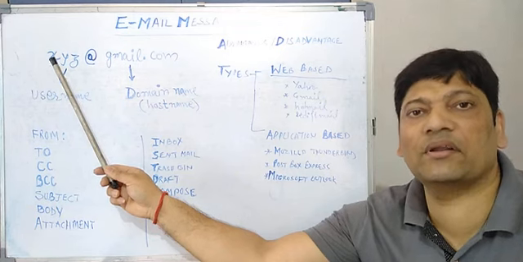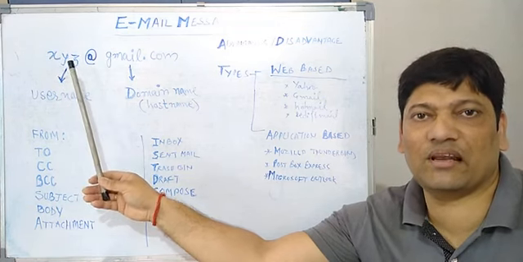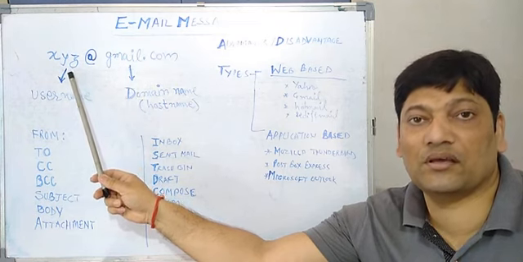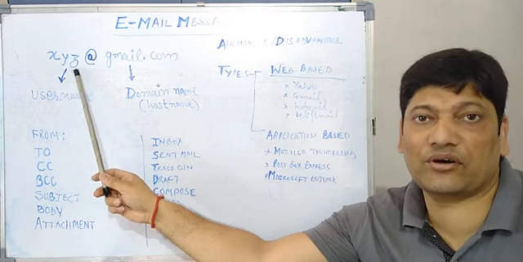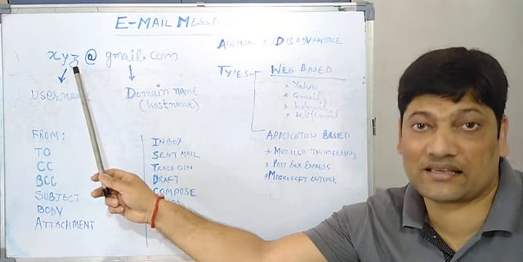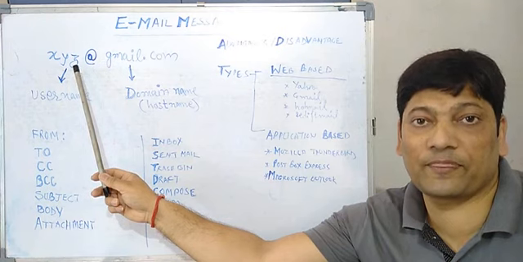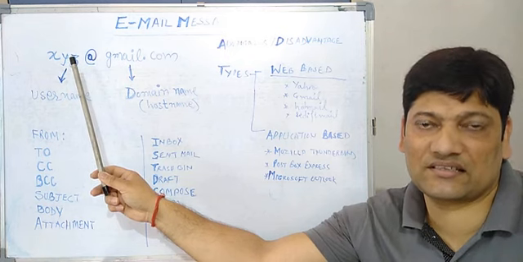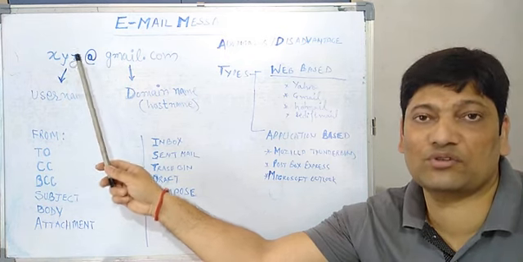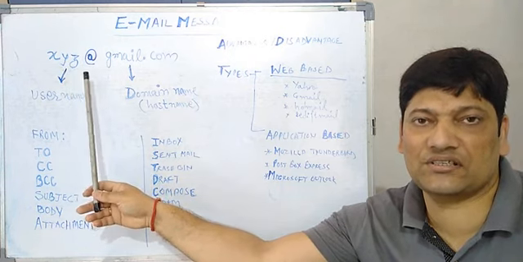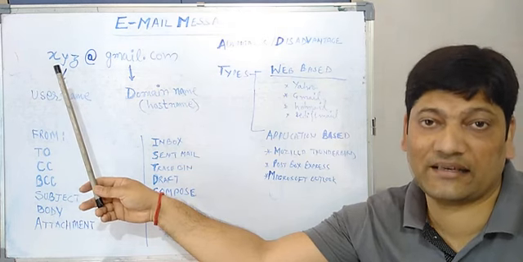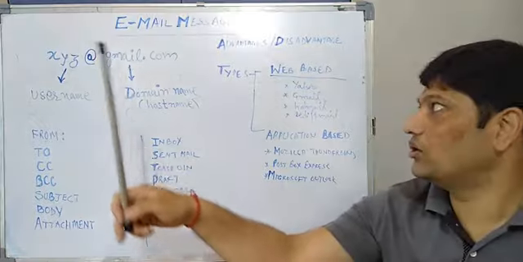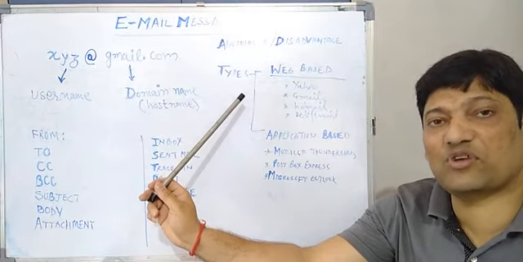So what actually happens is, whenever you are creating an email account in any host or domain name, whatever name you suggest for your email address may not be accepted the first time, because maybe that name already exists in that domain. So we have to make certain changes, and maybe take certain attempts to create an email address.